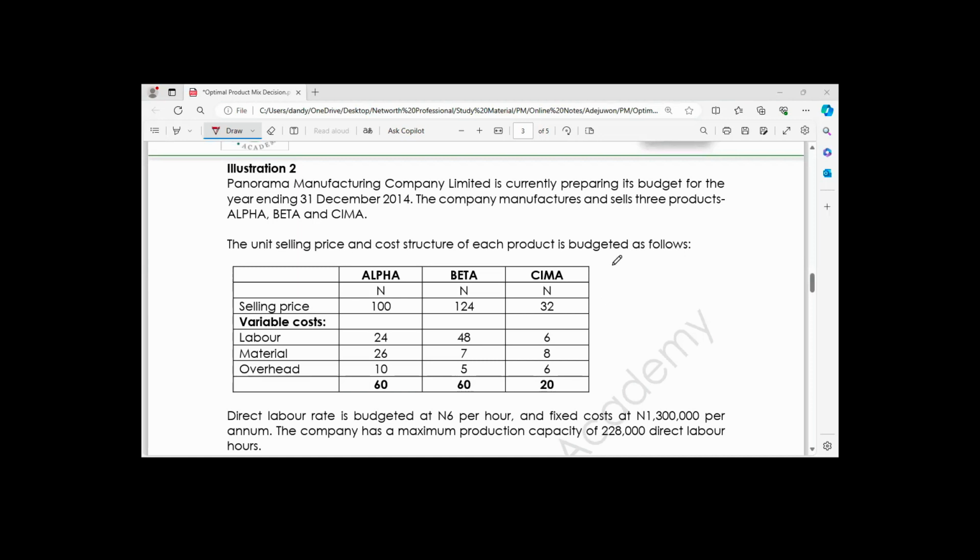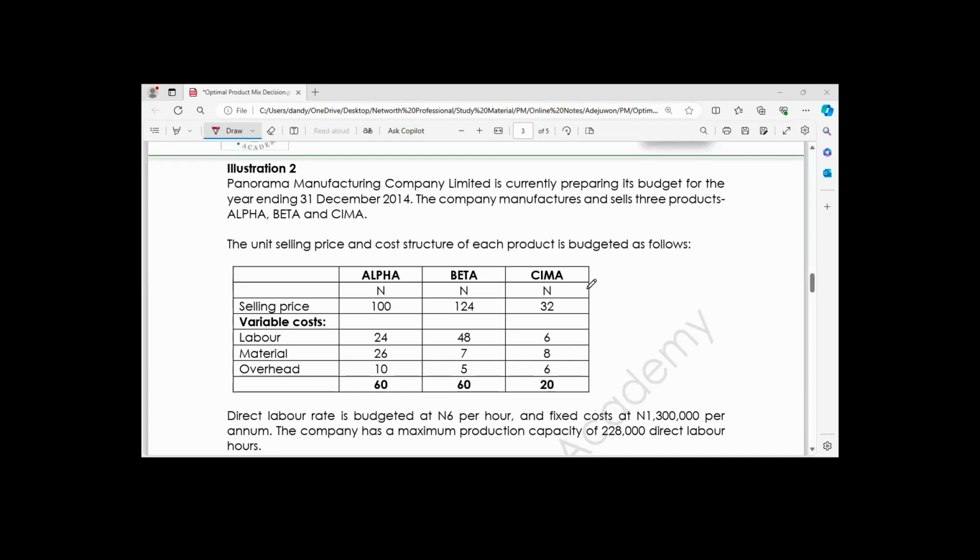Please read. Panama Manufacturing Company Limited is currently preparing the budget for the year ending 31st December 2024. The company manufactures and sells 3 products: Alpha, Beta, and Sigma.